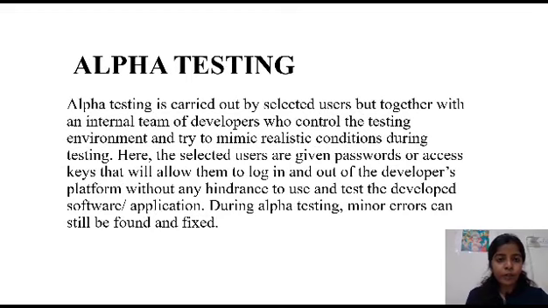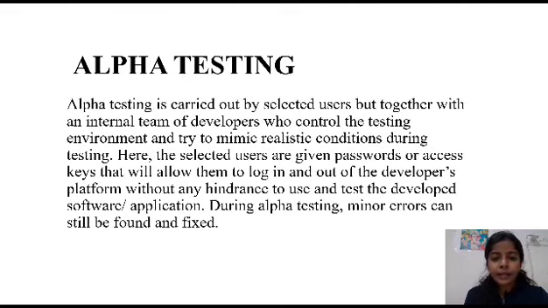When it comes to alpha testing, it is carried out by selected users together with the internal team of developers, who control the testing environment and try to mimic realistic conditions during the testing.